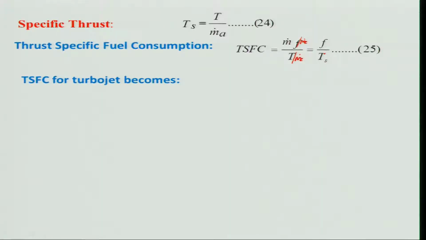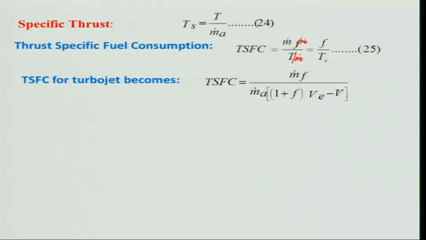So, let us look at how this thrust specific fuel consumption for a turbojet engine becomes, that is m dot F divided by the thrust. We know that thrust is m dot A times (1 plus f) V_e minus V. Keep in mind that here the thrust due to the pressure, the pressure thrust, is being neglected.